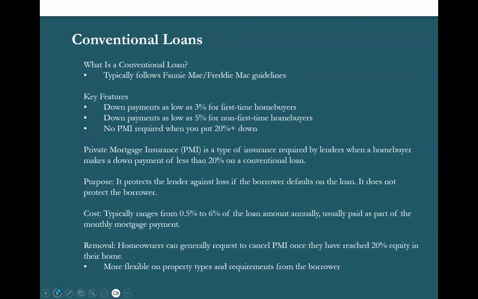It's paid as part of your monthly mortgage payment. However, that percentage could go up or down based on your credit score, your down payment percentage, etc. Homeowners can request to have PMI canceled once they have reached 20% equity in their home. Conventional loans are also more flexible on property types and requirements from the borrower.